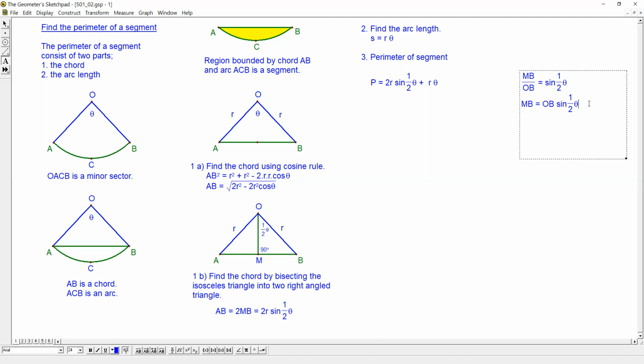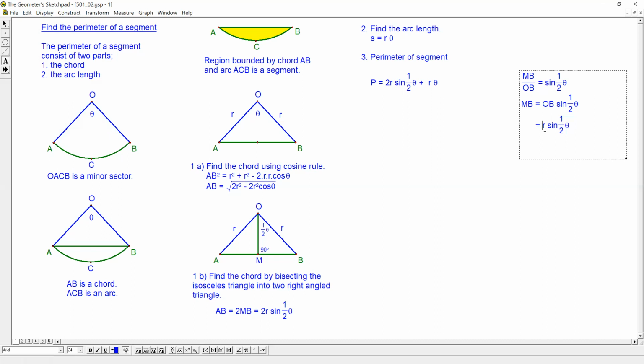MB is actually R sine half theta. So when you want AB you just multiply by 2. AB is 2MB, right?